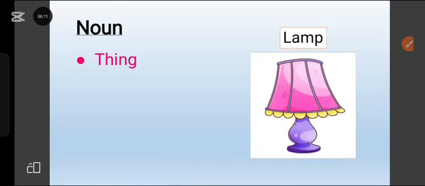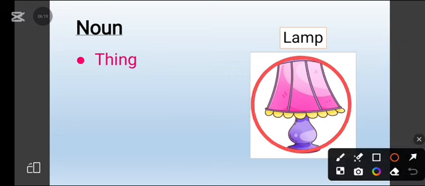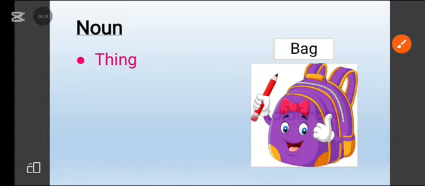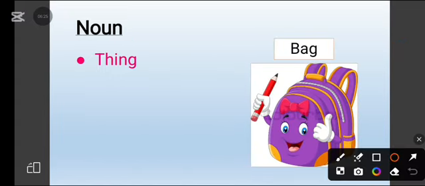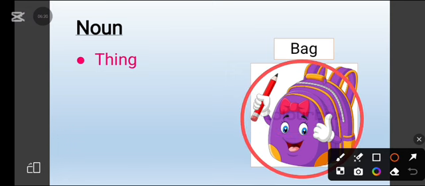Last one, we will talk about thing, as noun could be name of a thing. Okay, here you can see a picture of a lamp. Lamp is also a thing. Okay, the next one picture is of a bag, and bag is also a thing.